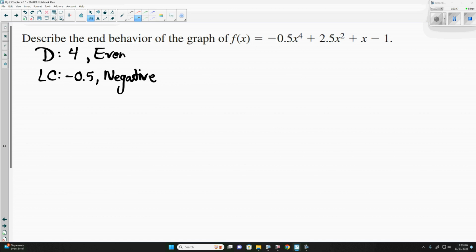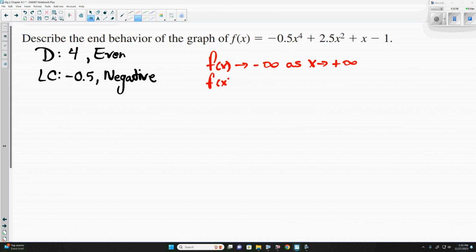Now at this point, I would look back at the chart. If it's even and negative, it says that f of x approaches negative infinity as x approaches positive infinity.